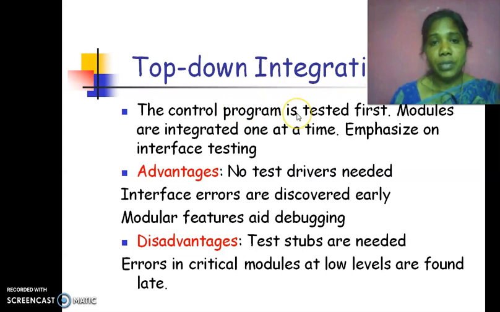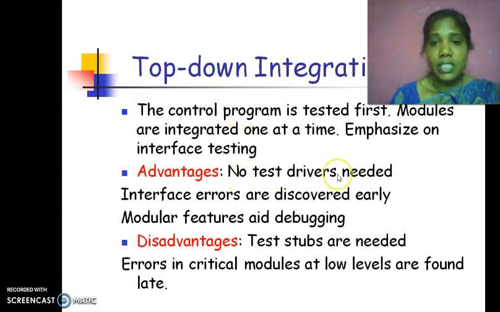The control program is tested first, then modules are integrated one at a time, with emphasis on interface testing. That means in top-down testing, the control program is tested first, and after that each module is integrated one at a time. What are the advantages?